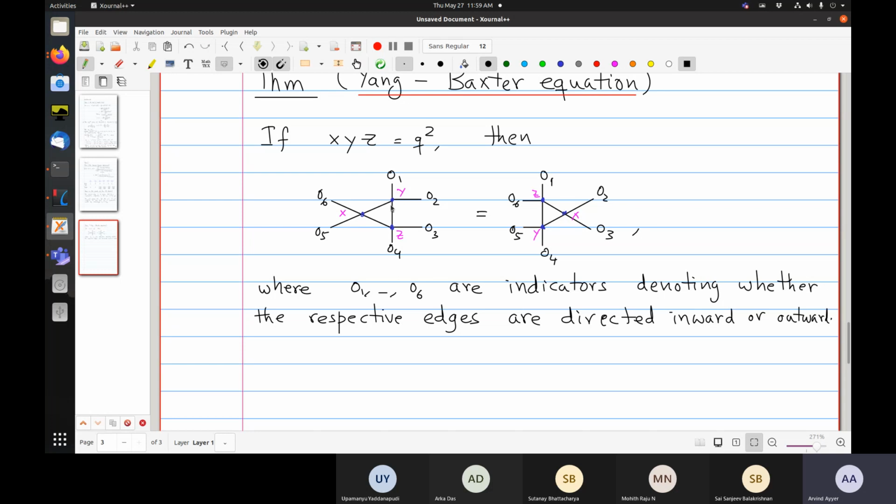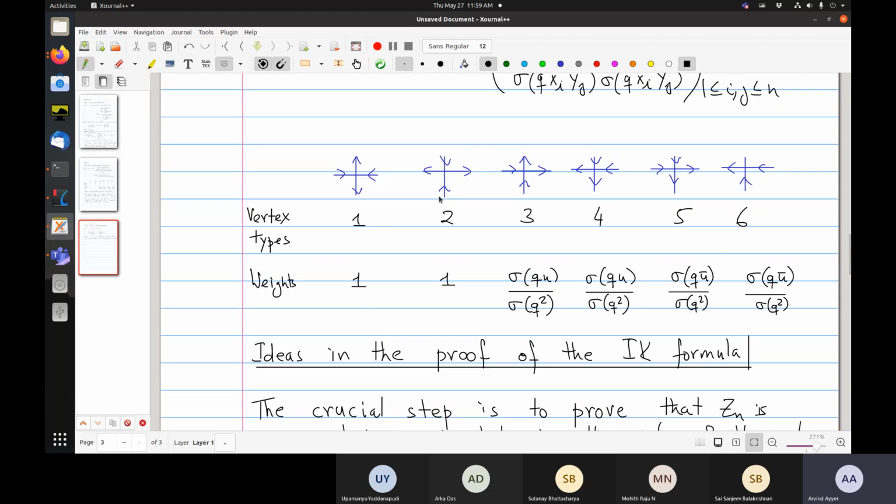But that's not going to matter because these weights are symmetric under 180 degree rotations. So if I rotate this, I'll get back the same vertex. 3 and 4 will exchange, but they have the same weight, and 5 and 6 will exchange, they have the same weight.